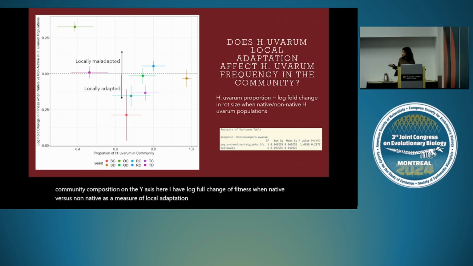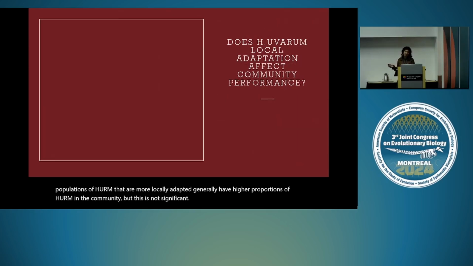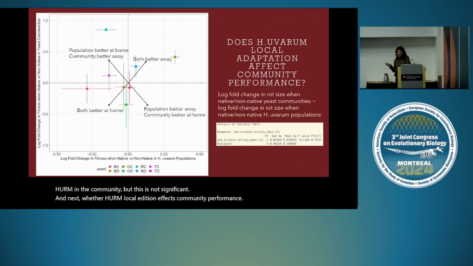You can see that those populations of HURM that are more locally adapted generally have higher proportions of HURM in the community, but this is not significant. And next, whether HURM local adaptation affects community performance, we also see that this is not significantly correlated.